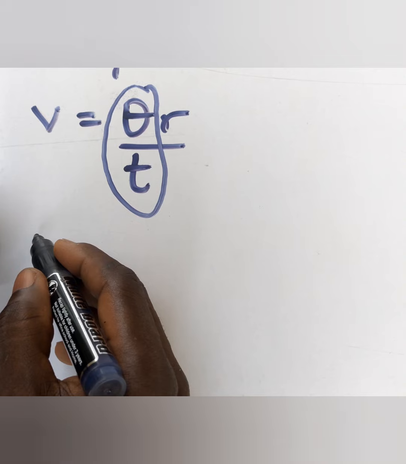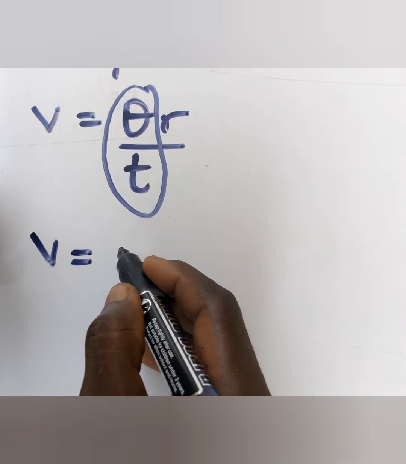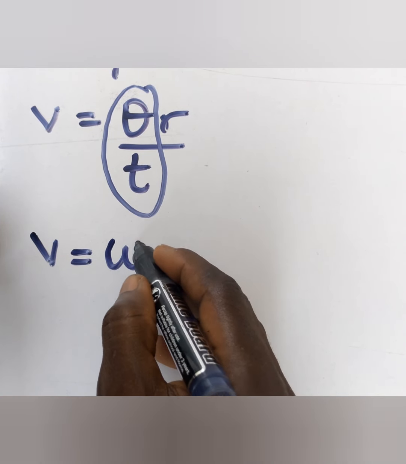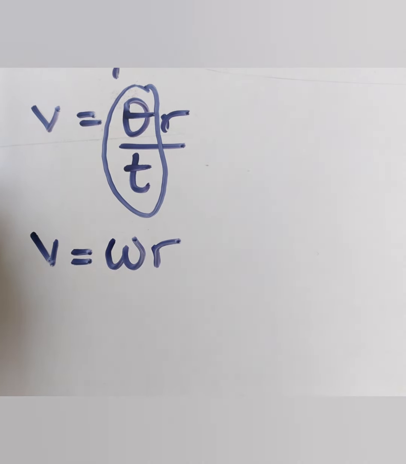So I can write that V is equal to omega R. It's the same thing as writing V is equal to R omega.